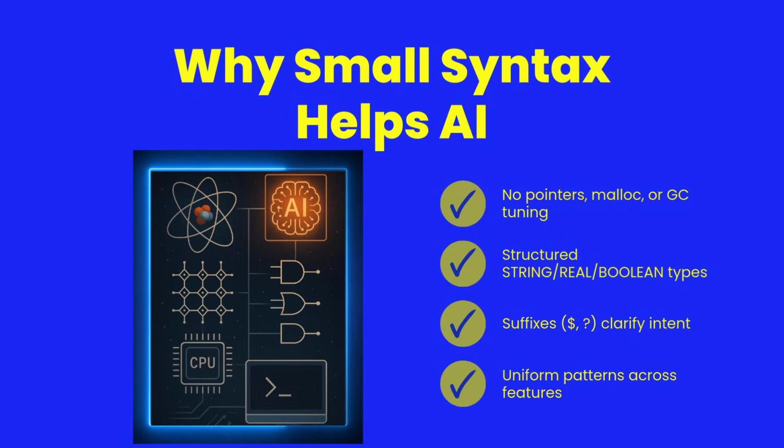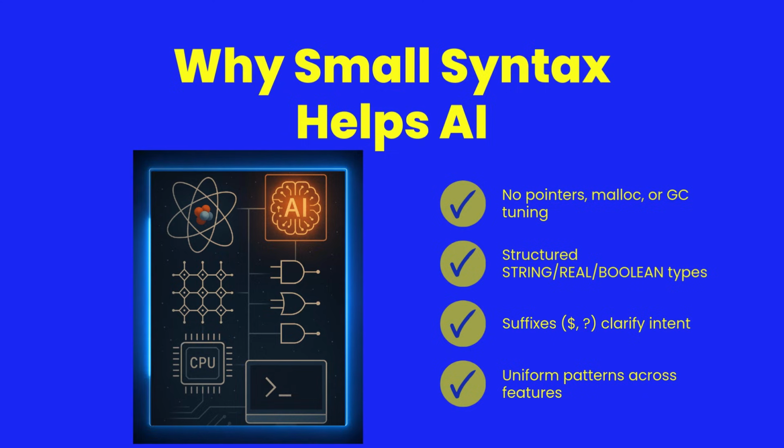Here we see why small syntax helps AI. With no manual memory management, no pointers, and no GC tuning, the language removes entire categories of complexity that often confuse AI-generated code. Sheerpower focuses on core types, string, real, and Boolean, keeping the type system simple and predictable.